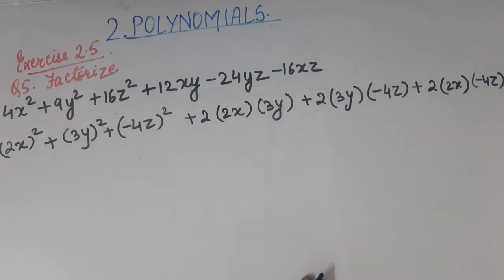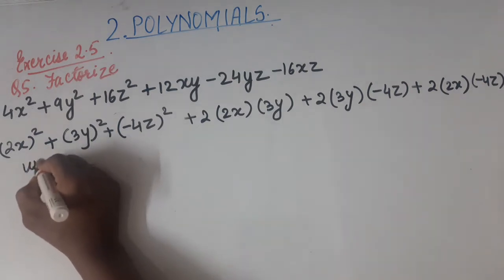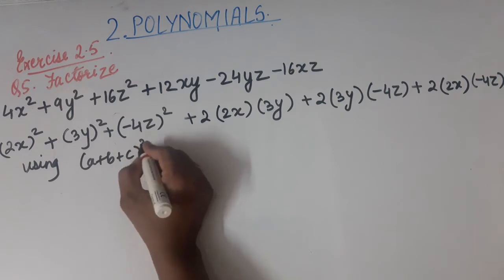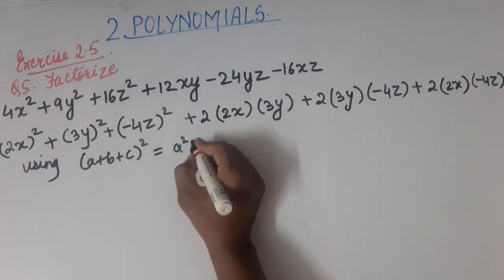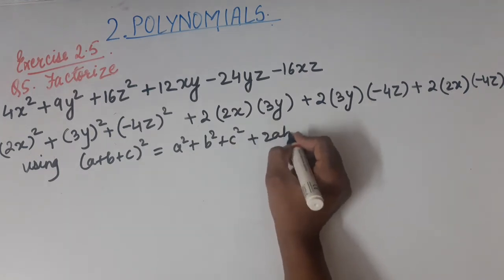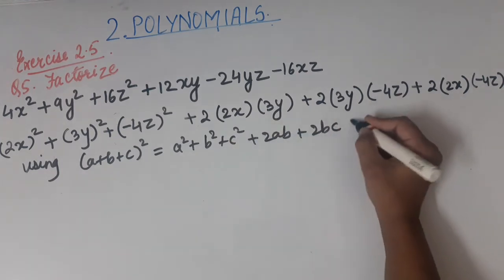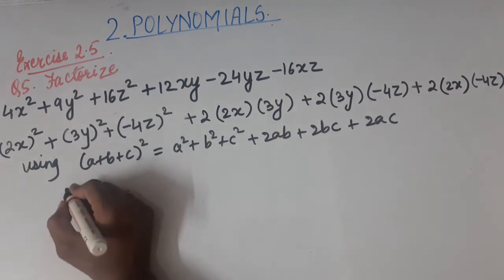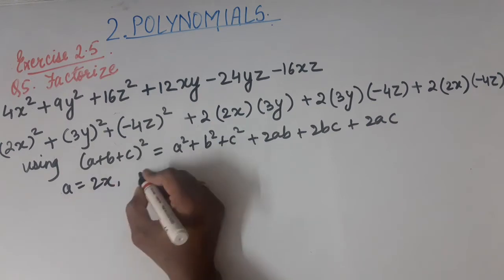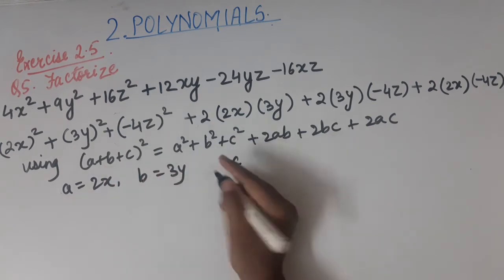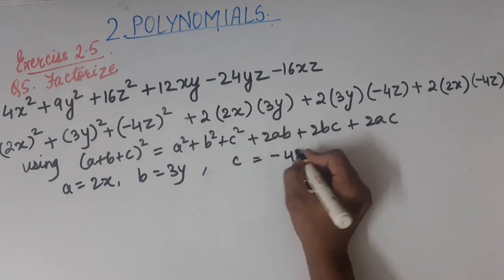Now after rearranging, we know which identity is hidden in this. Using a plus b plus c whole square equals a square plus b square plus c square plus 2ab plus 2bc plus 2ac. Compare and get the values of ABC: A is 2x, B is 3y, and C is minus 4z.